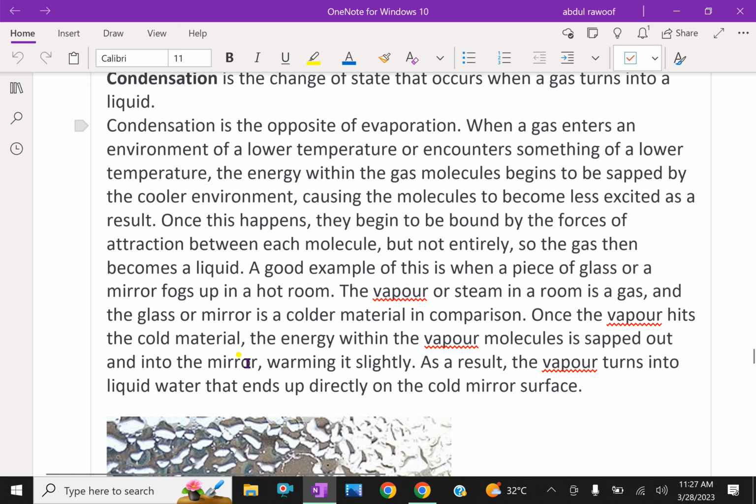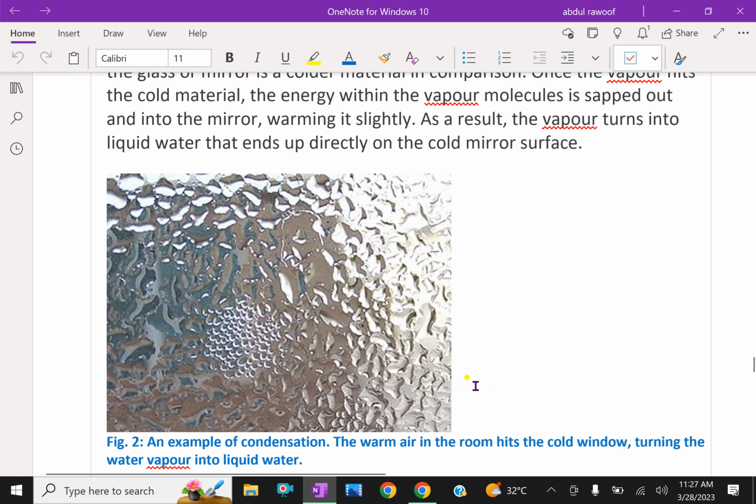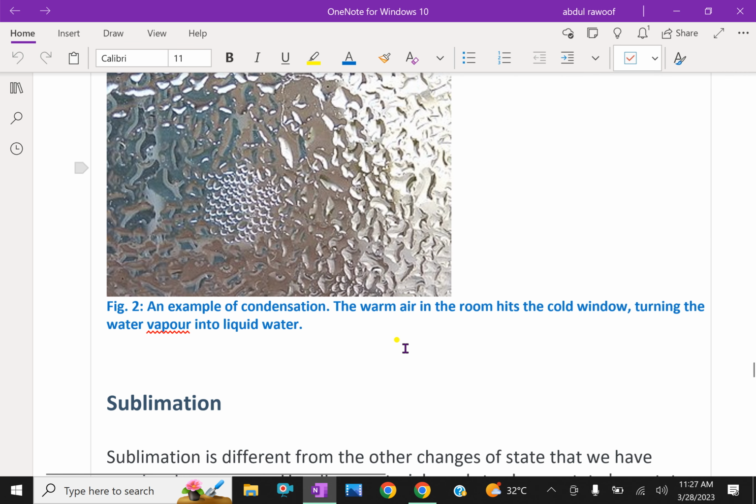Once the vapor hits the cold material, the energy within the vapor molecules is sapped out and into the mirror. That means the mirror is warmed slightly. As a result, the vapor turns into liquid water that ends up directly on the cold mirror surface. Droplets of water. It looks nice.